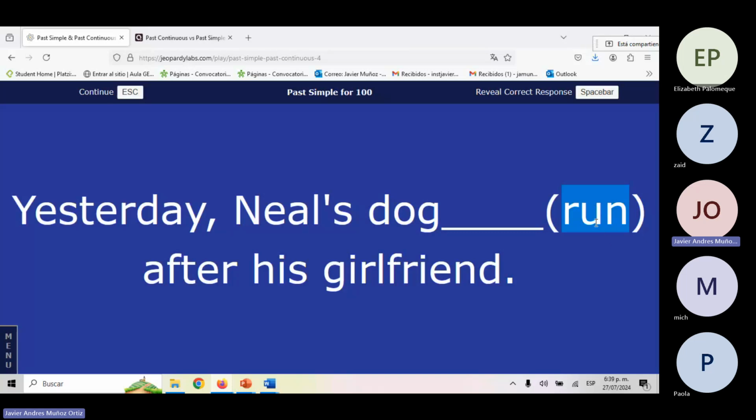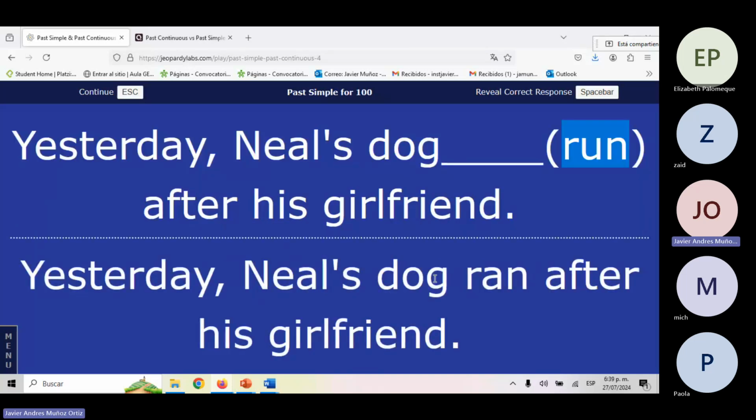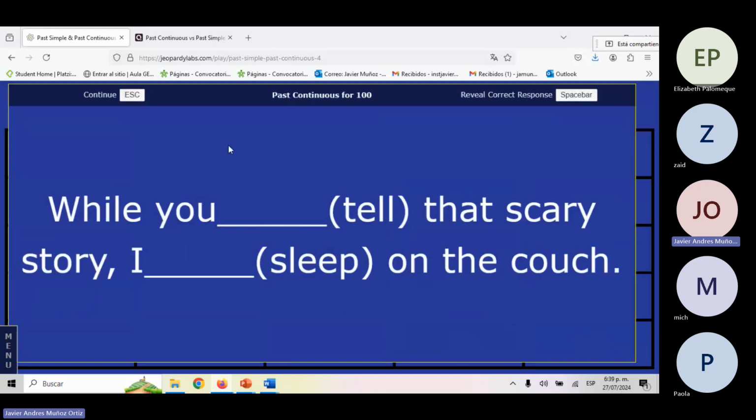So remember that we have two kinds of verbs, regular and irregular verbs, right? In this case, run is an irregular verb, and the past form is ran. So yesterday, Neil's dog ran after his girlfriend. This could be the answer I'm looking for. Past progressive.